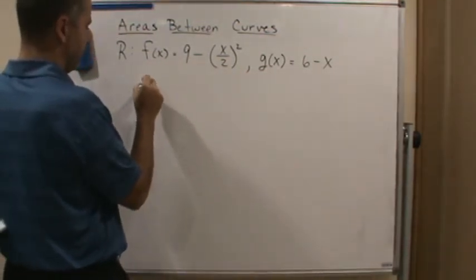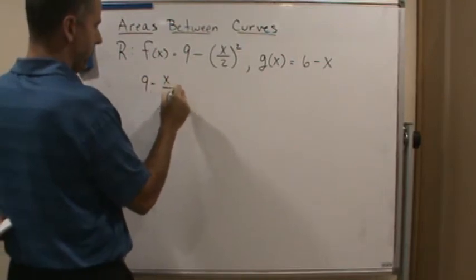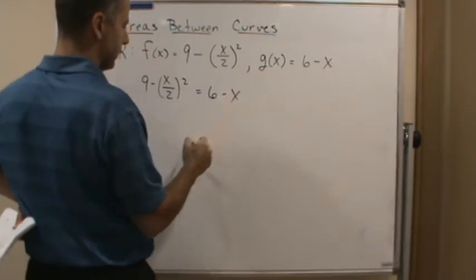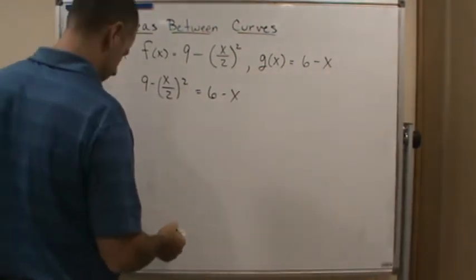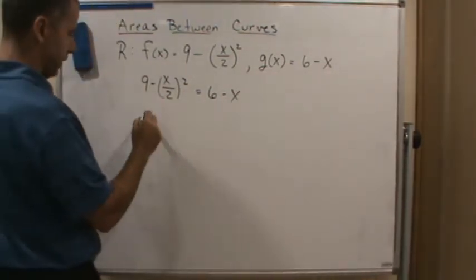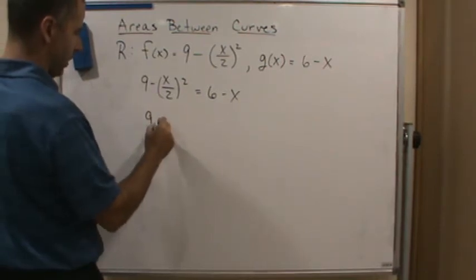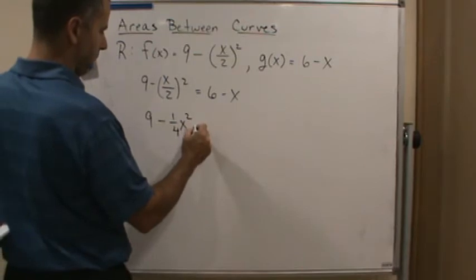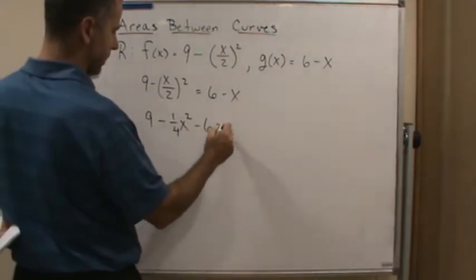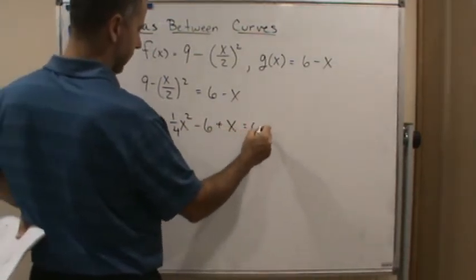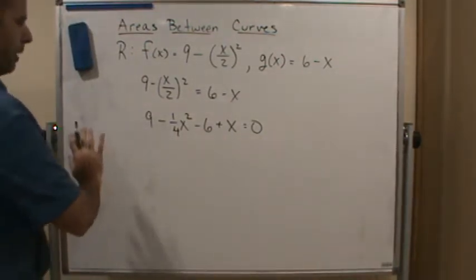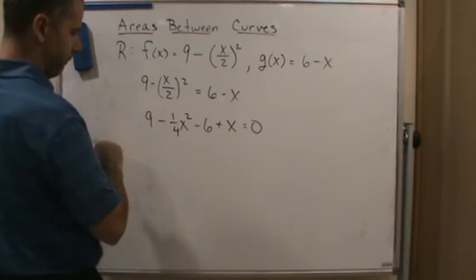So we're going to set 9 minus (x over 2) squared equal to 6 minus x, and we're going to move it over to one side, so we're going to simplify this. So this is going to be 9 minus 1/4 x squared minus 6 plus x equals 0. And now I'm going to multiply everything by 4 to get rid of that fraction.